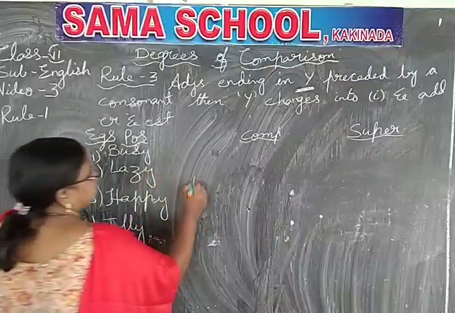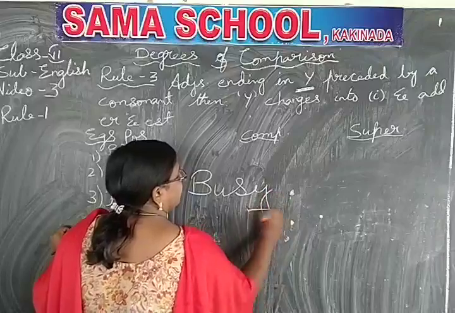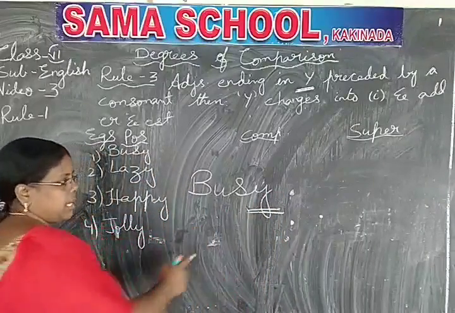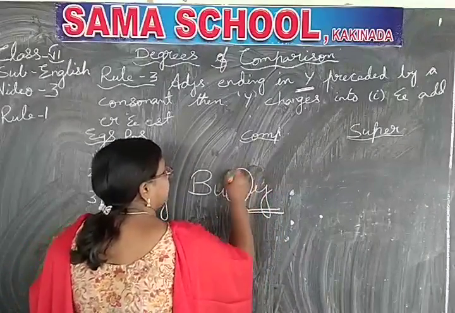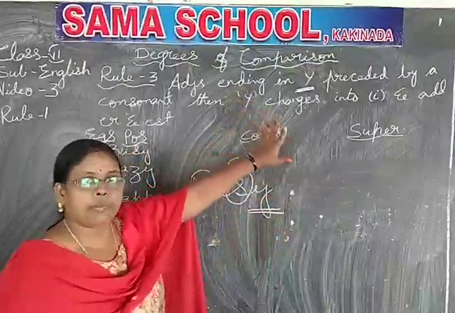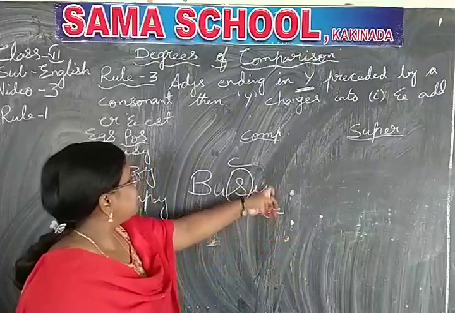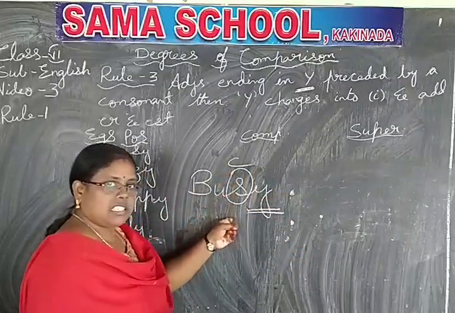See, busy. B-U-S-Y. There is Y in the end. Before that is a consonant. This also is a consonant, but there is a particular rule for us. Consonant, Y, before that is a consonant.